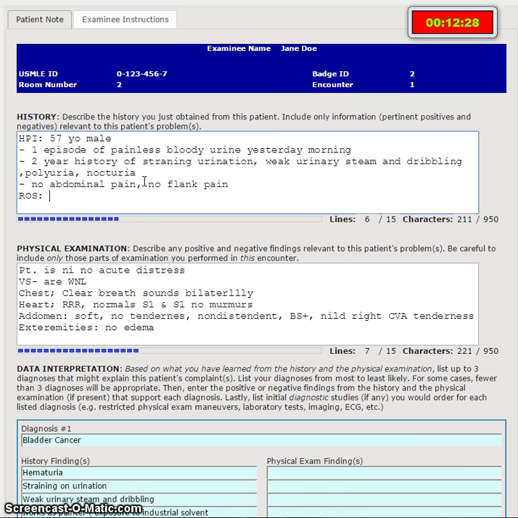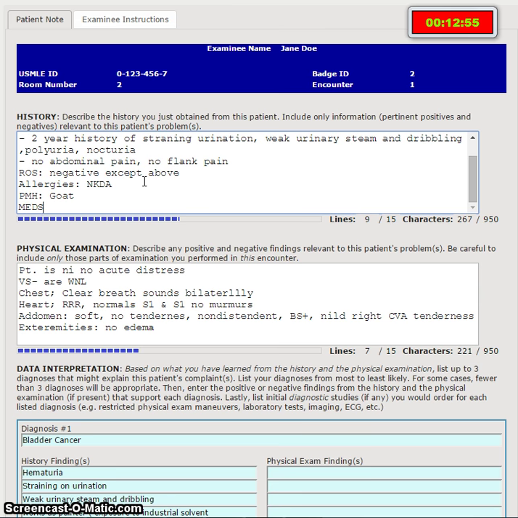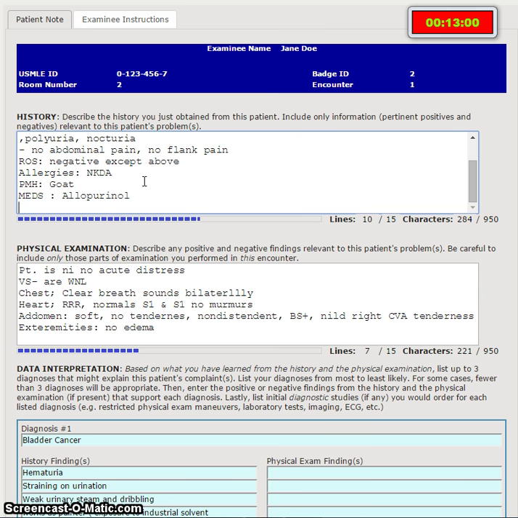ROS: what is negative? Except above. Allergies: no drug allergies. Past medical history, patient had gout. Current meds, allopurinol, to exclude food not taken with amphetamine, which can cause the urination.